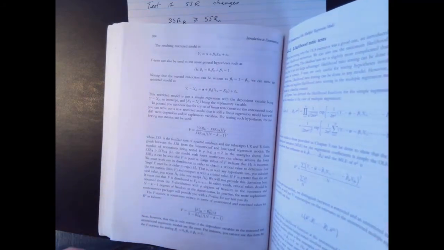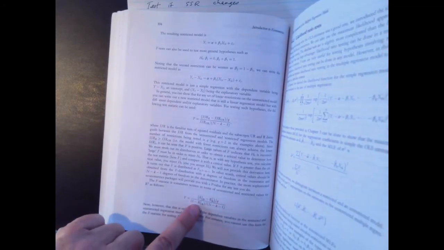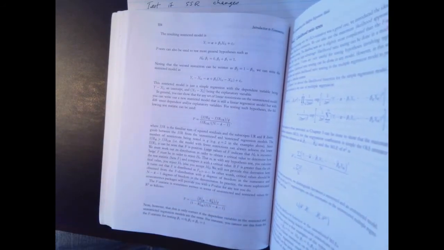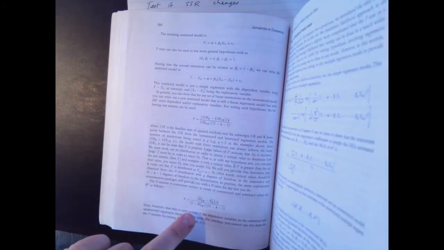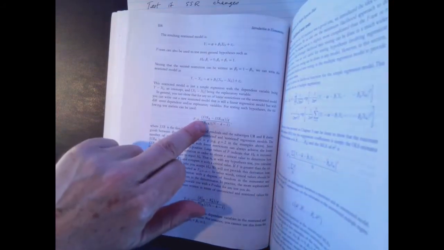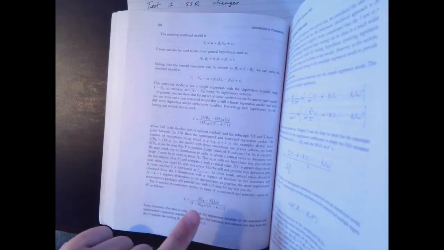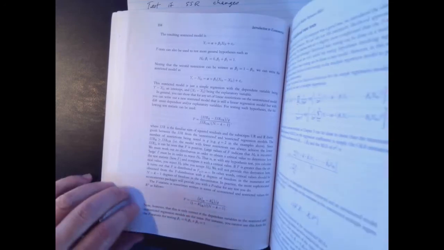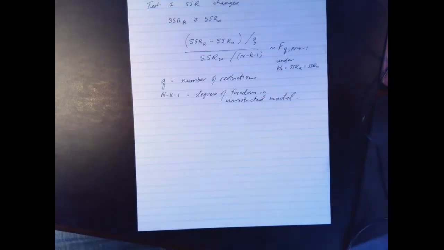There's one little additional possible version of the F statistic, which we're not going to bother with. What he's pointing out here is that instead of computing the sum of the squared residuals, you could compute the R squareds of these two regressions. However, this one doesn't always work, so we won't bother with that one because this one does always work.